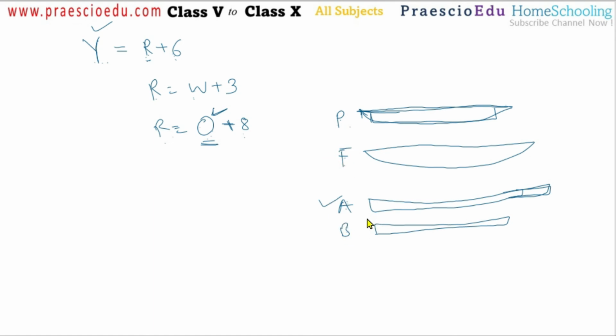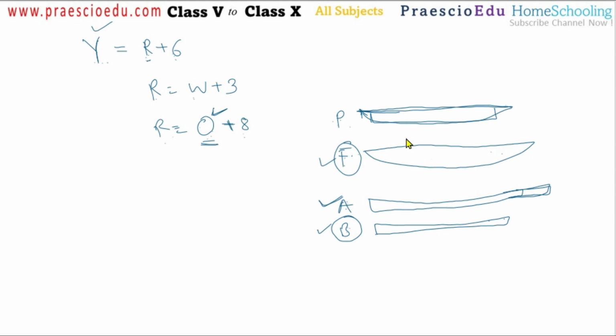Now, according to size, which river has the second largest bed? As we know, the largest is A, but we don't know about the second one. As we know, P is smaller than F. For the second position there is a possibility of F and a possibility of B, because B is smaller than A and F is also smaller than A. But in comparison between F and B, we don't know exactly which is smaller and which is larger. So we can say the data is incomplete.